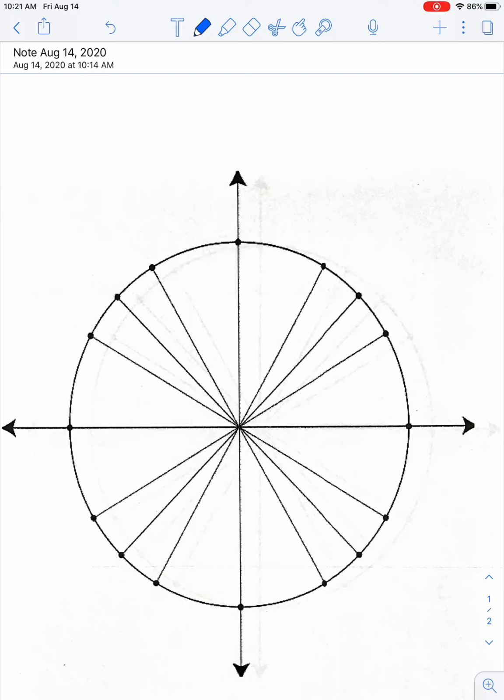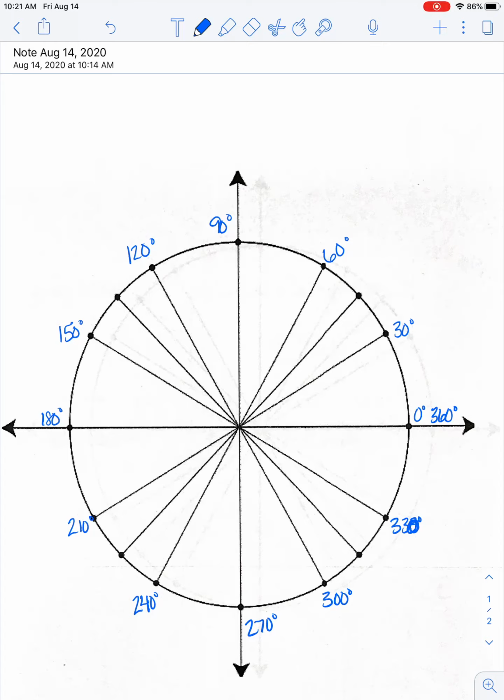We're going to walk it in 30-degree increments first. So I'm going to start with 0 degrees, and then 30, 60, 90, 120, 150, 180, 210, 240, 270, 300, 330, and 360.